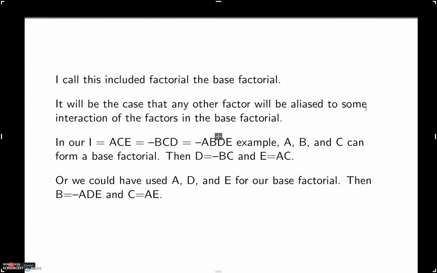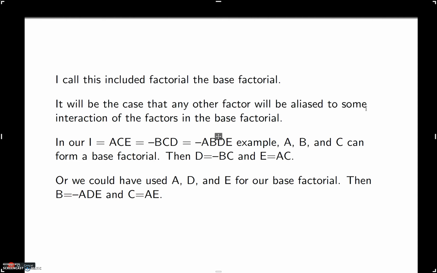Okay, so Gary calls this included factorial the base factorial. So it will be the case that any other factor will be aliased to some other interaction of the factors in that base factorial. I like the way he uses that because it reminds me of a basis in linear algebra, right? You can think of it as that generating set, okay?